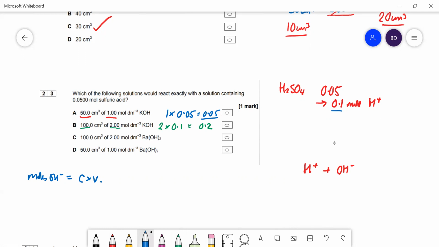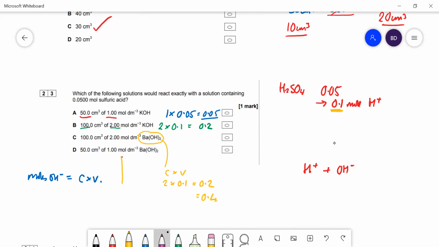Let's try C. Well, moles of barium hydroxide is going to be concentration times volume. So that's going to be 2 times 0.1, which is equal to 0.2. But of course, 1 mole of barium hydroxide contains 2 moles of OH-, so that's going to give us 0.4 moles of OH-. That's way too much. We need 0.1. So it must be this one.